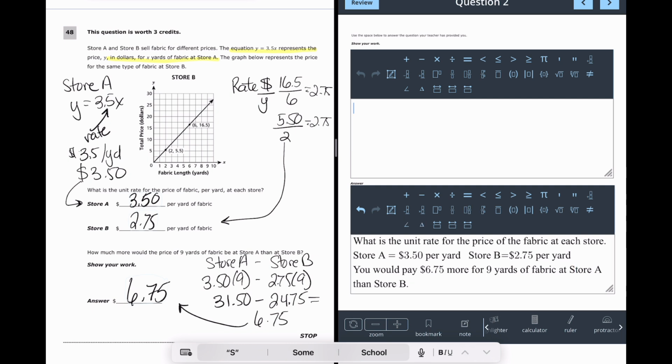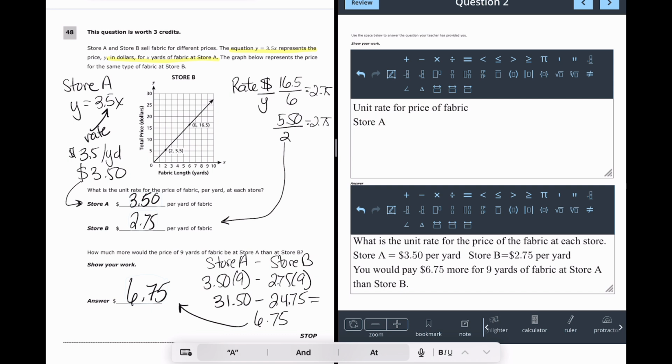So I'm going to organize my thinking. I'm going to show this part first and then this part. This is both for unit rate per store. Unit rate for price of fabric.